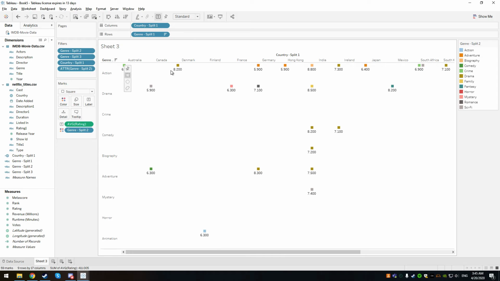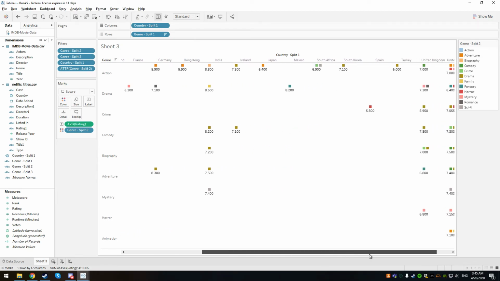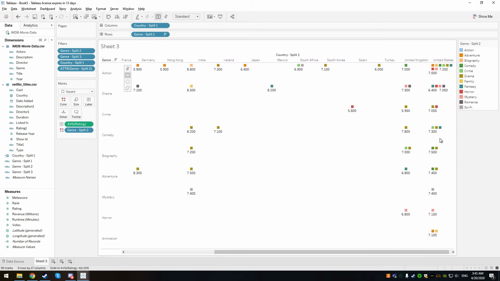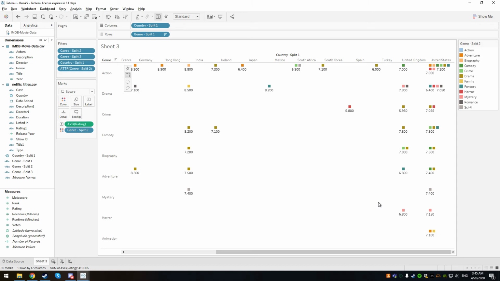And each point shows the score, which is the rating of that category. And it has different colors which represent the different categories as well.